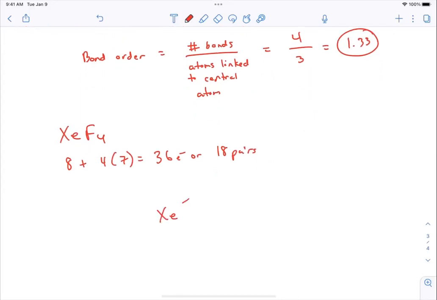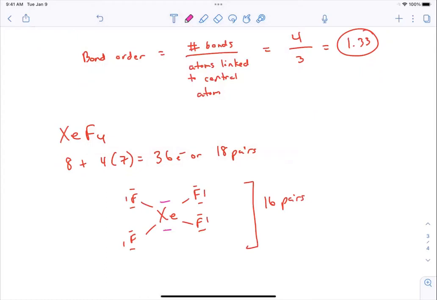But when you draw it out, you only have 16 pairs. So that means you're missing 2 pairs. So where do you put those 2 pairs? Right on the central atom.